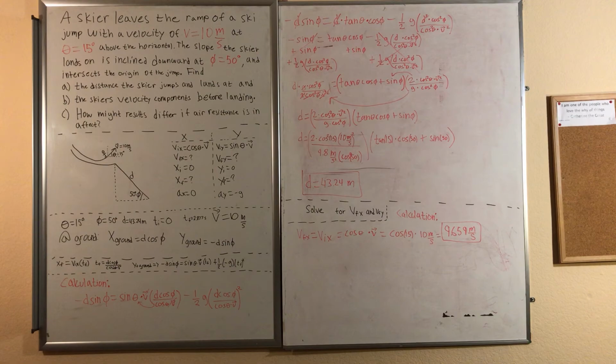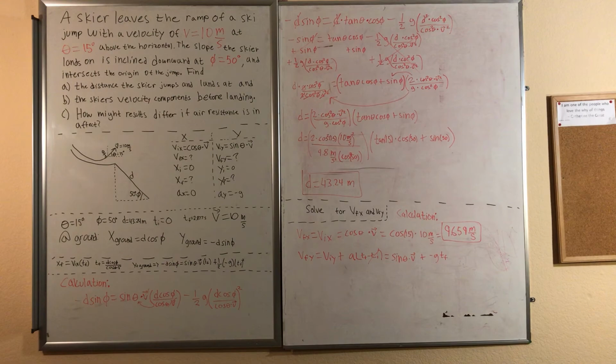To find y now, we can use the velocity final y equals velocity initial y plus acceleration times time final minus time initial. Time initial is 0, so cross that out and plug in to get sine theta times velocity plus negative g times time final.